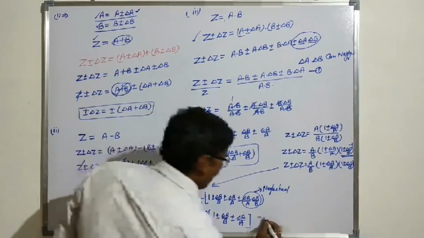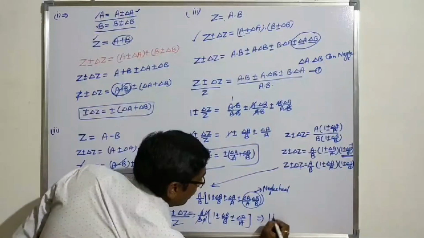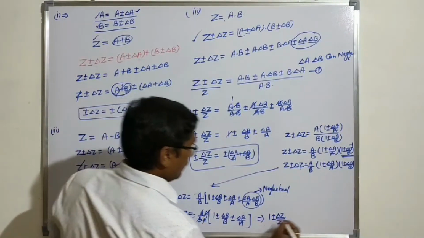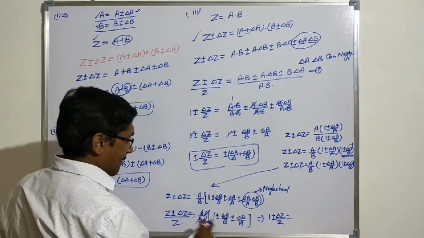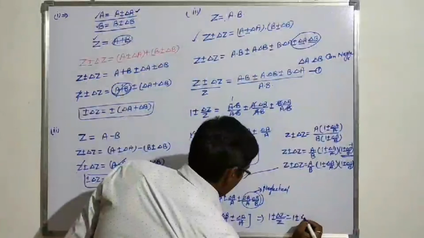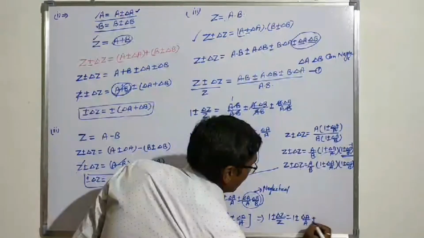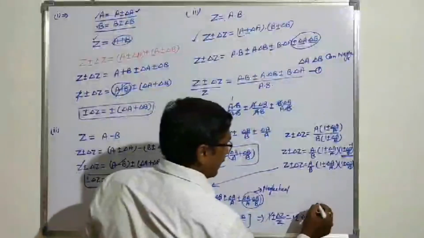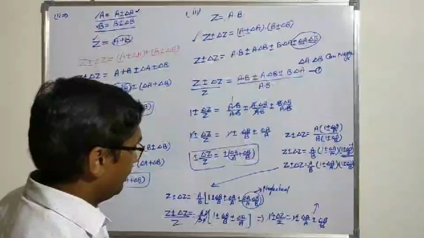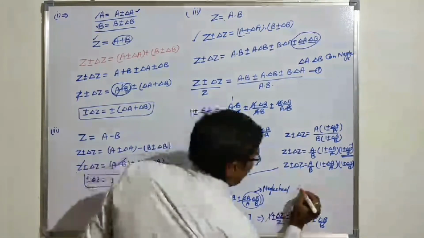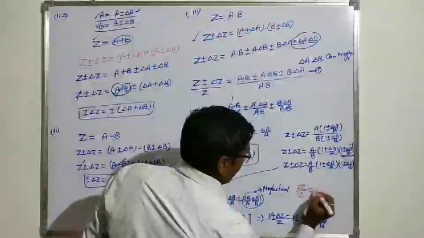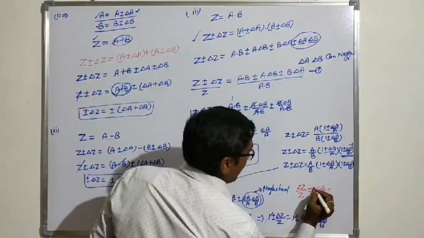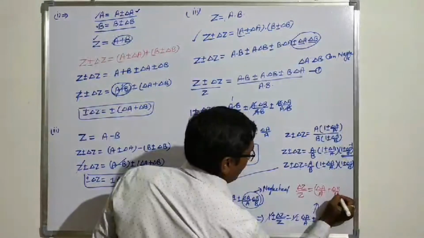That's why we can write 1 plus or minus del z upon z is equal to 1 plus or minus del a upon a plus or minus del b upon b. 1 to 1 cancel. So the final result is del z upon z is equal to del a upon a plus del b upon b.